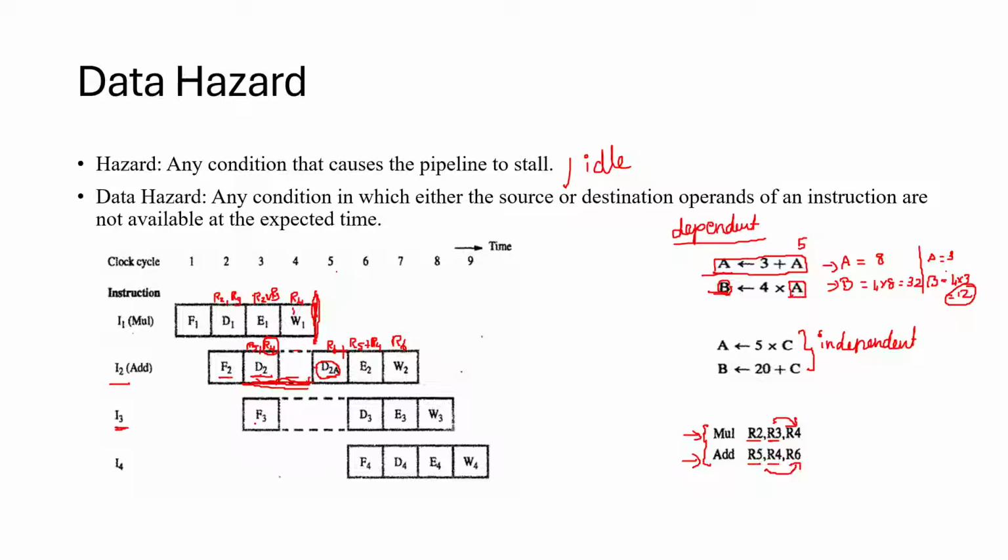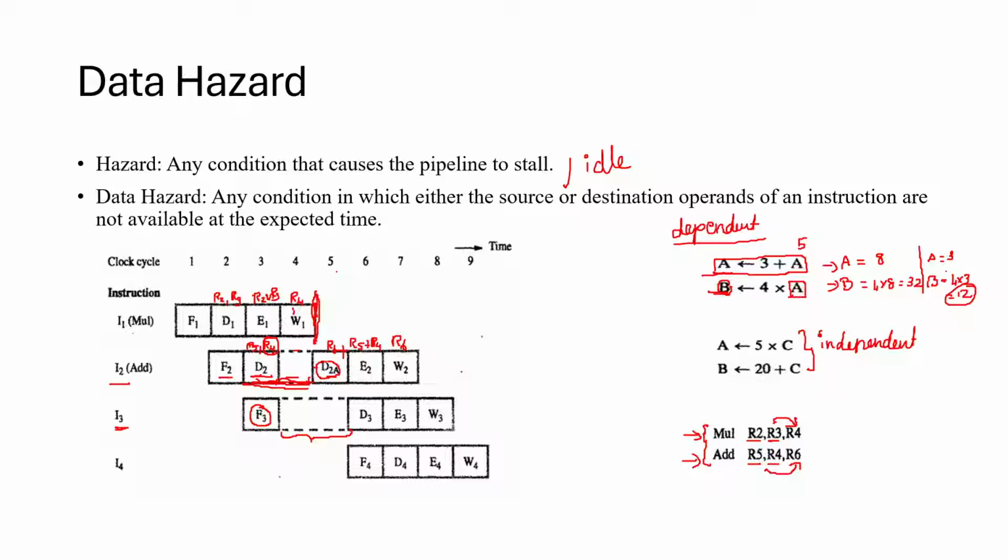In clock cycle 3, the fetch unit is free, and it fetches instruction 3. But the decode unit has not completed its decoding operation of instruction 2, as it keeps waiting for operand R4.